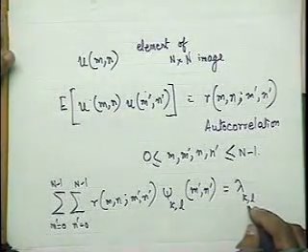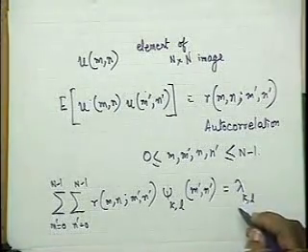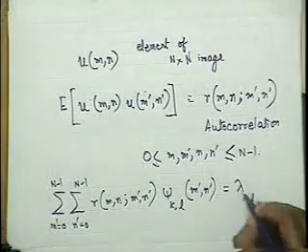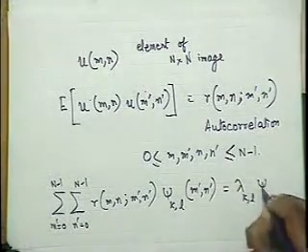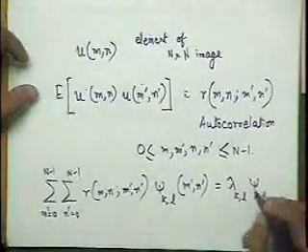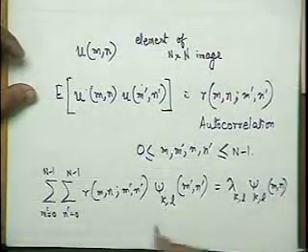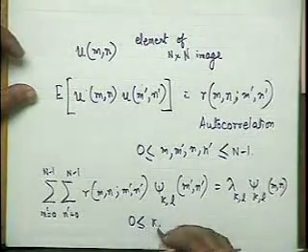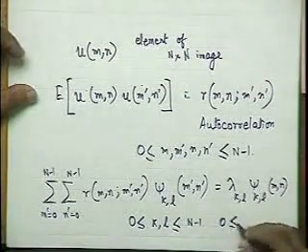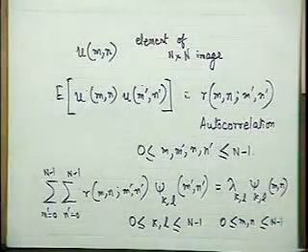The eigenvalues which I get are another two-dimensional array, lambda k l, and this is multiplied by the eigenfunction itself, psi k l m n, where as you already know k and l lie between 0 and capital N minus 1, and similarly m and n lie between 0 and capital N minus 1.